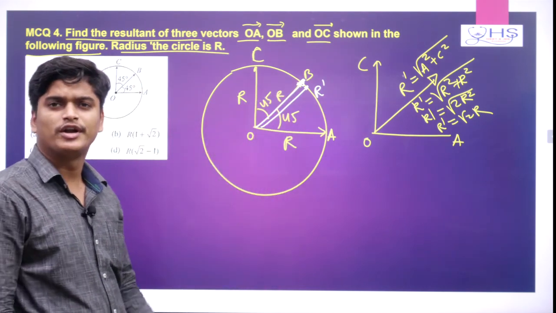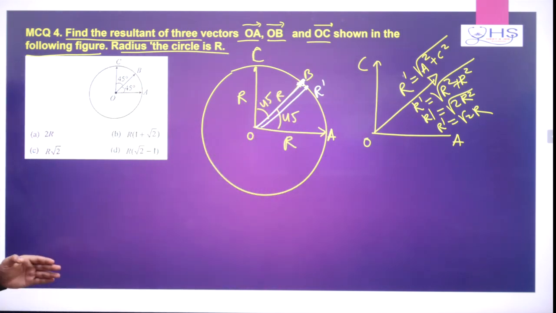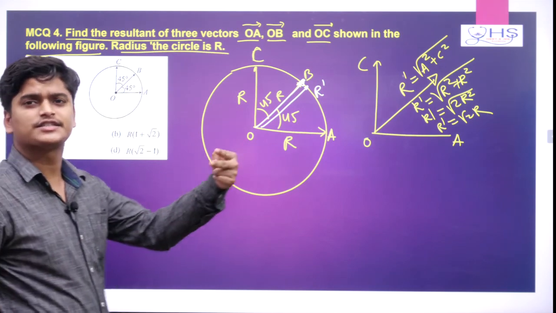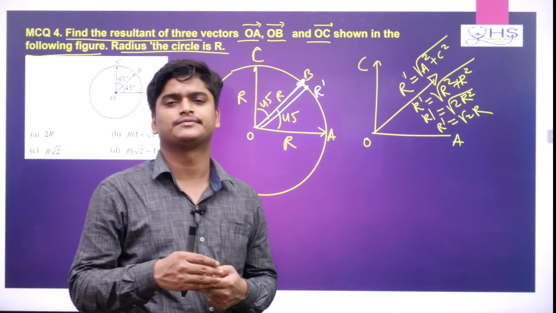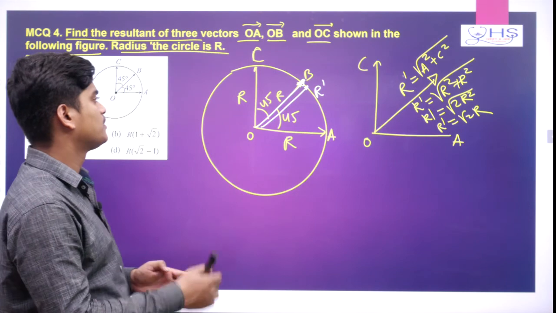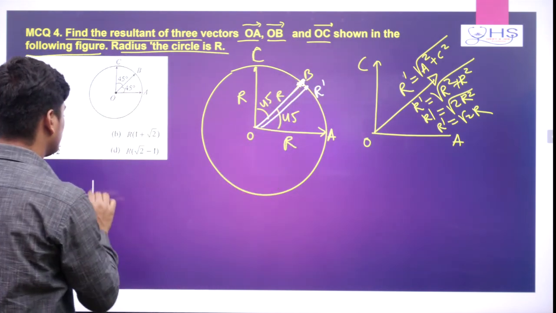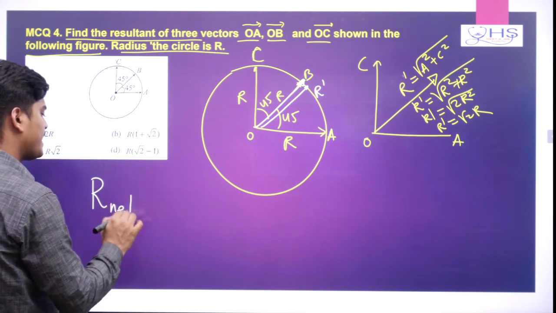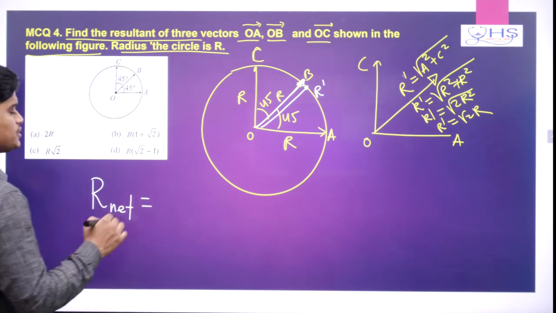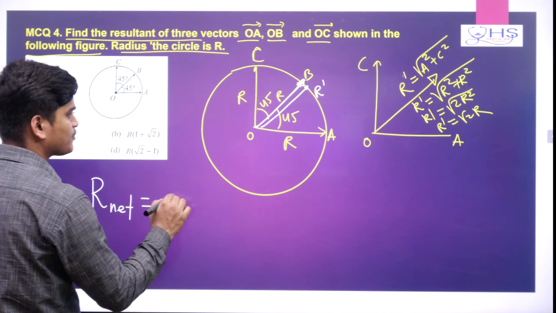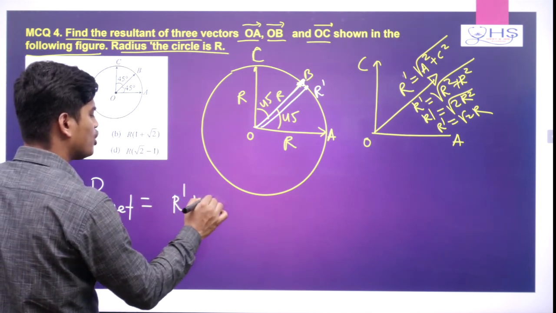When two vectors are in the same direction, what do we need to do? I told you in the last lecture that we need to add the vectors. So here we have to add r prime and OB. What is the net resultant? R net, the net resultant, is nothing but r prime magnitude plus OB magnitude.